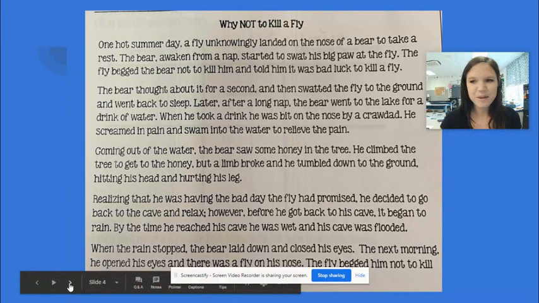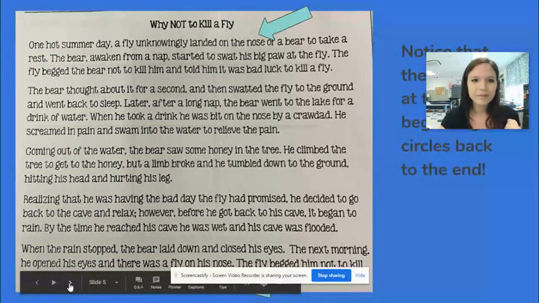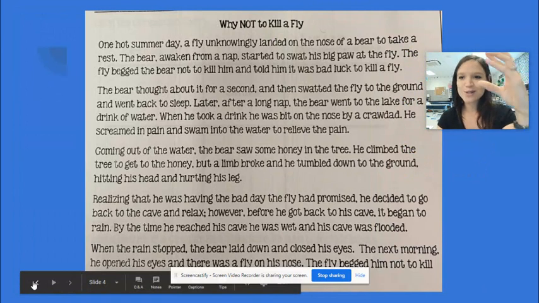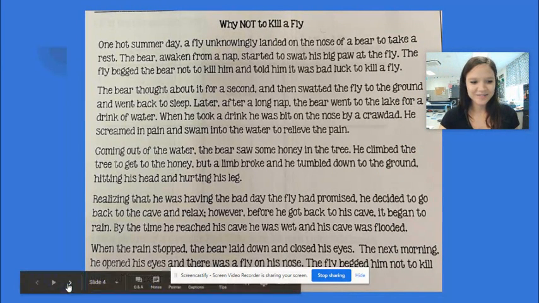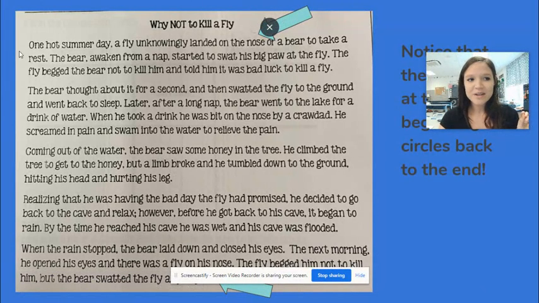Okay, so that was our circular story. Let's think about how the beginning circles back around to the end. I have this super cool graphic here with some arrows added. So let's go back to the beginning.